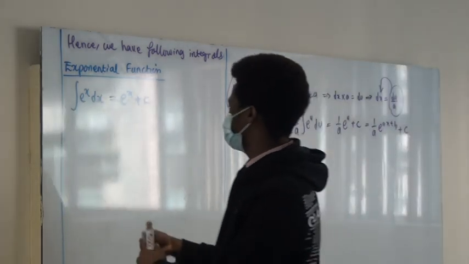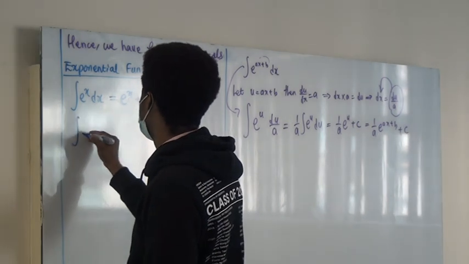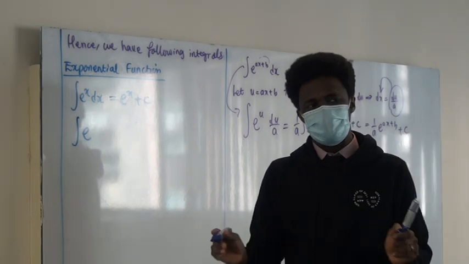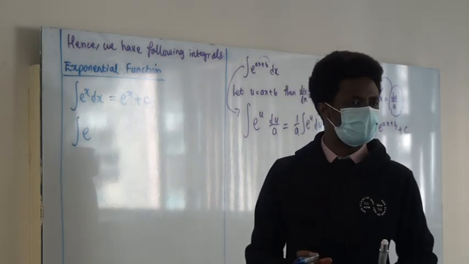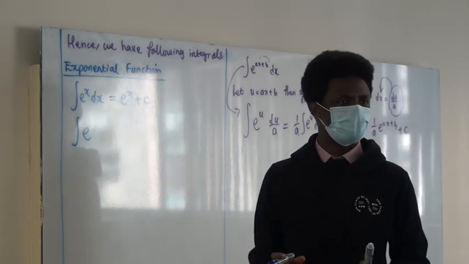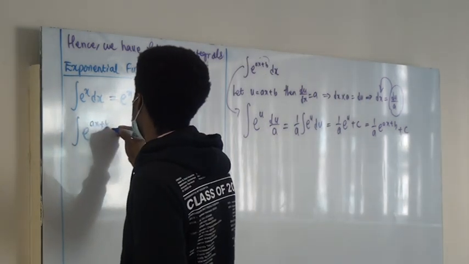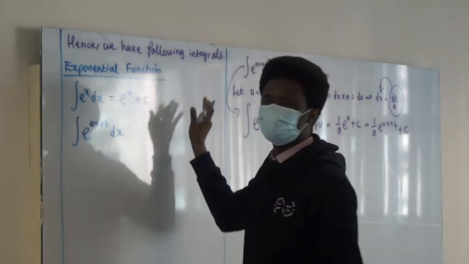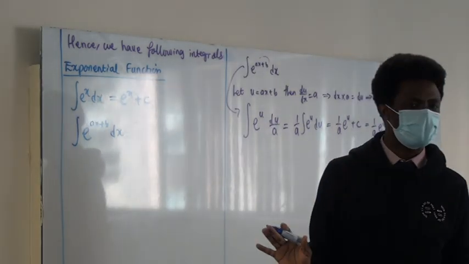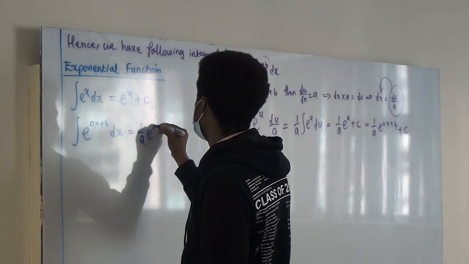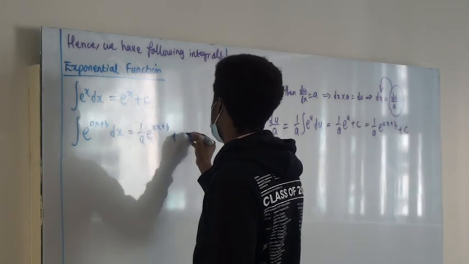So for this, the general form will be, if we have exponential, I'm not going to say f of x, because f of x could be any function, like quadratic, cubic, or whatever. So I'm just going to write it as the integral of ax plus b, unless we had defined f of x to be ax plus b from the beginning. So this is going to be 1 over a exponential ax plus b plus c.